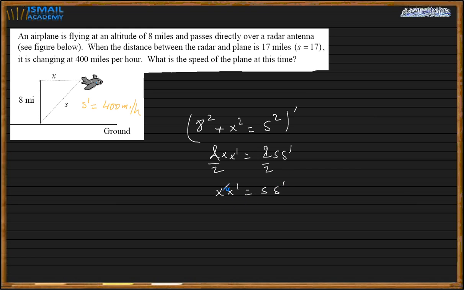So I know that s equals 17, but I don't know what x is. If s equals 17, then 8 squared plus x squared equals 17 squared, which means that x squared equals 17 squared minus 8 squared. So that's 17 minus 8 times 17 plus 8, which is 9 times 25.